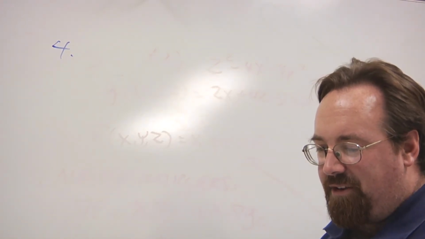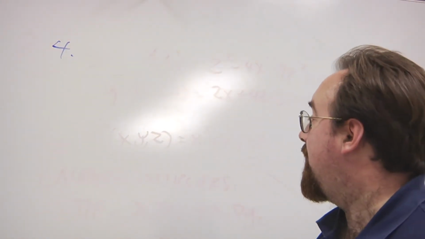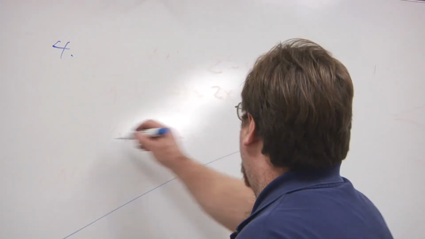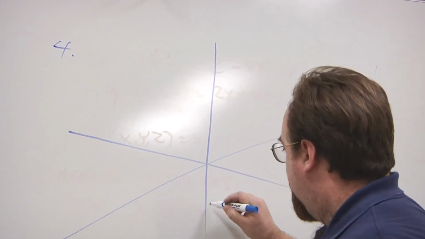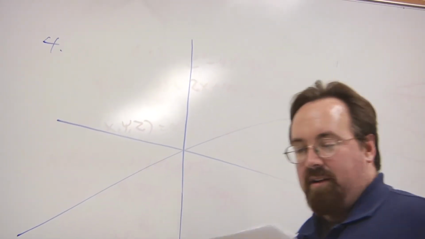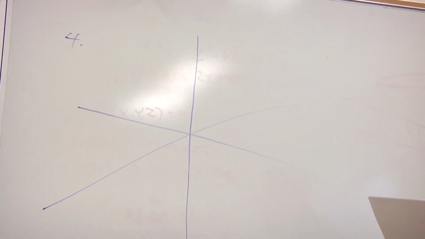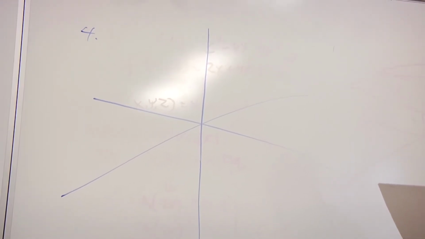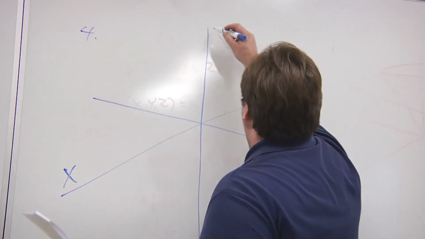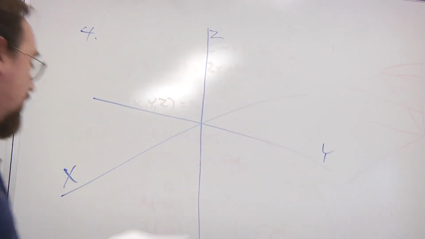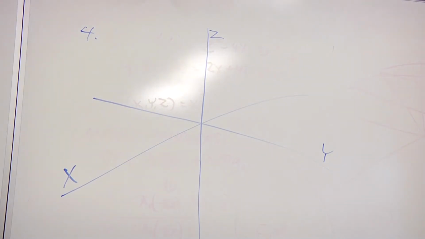Okay, volume of solid under a surface and above a region in the plane. Okay, so you need to get a handle on the region, bounded by the line x equals y plus 2.